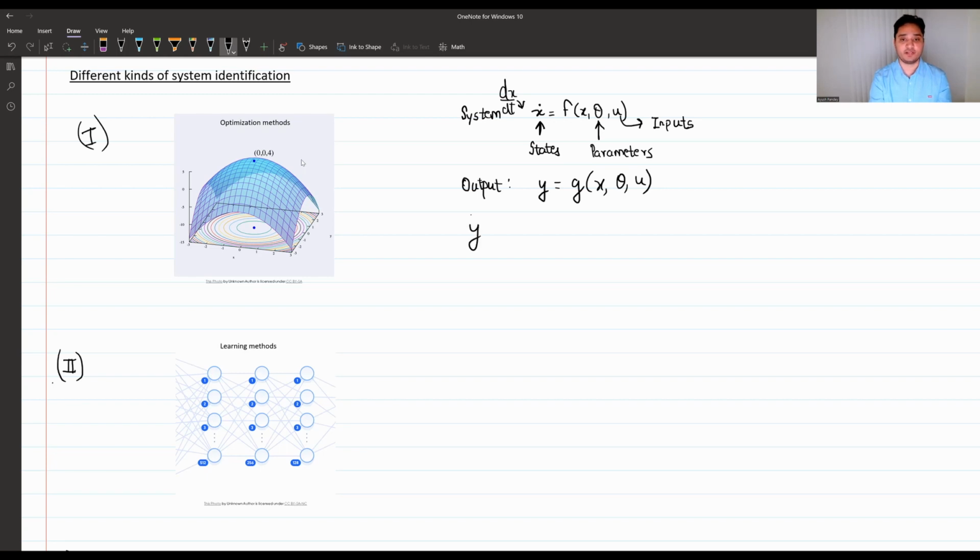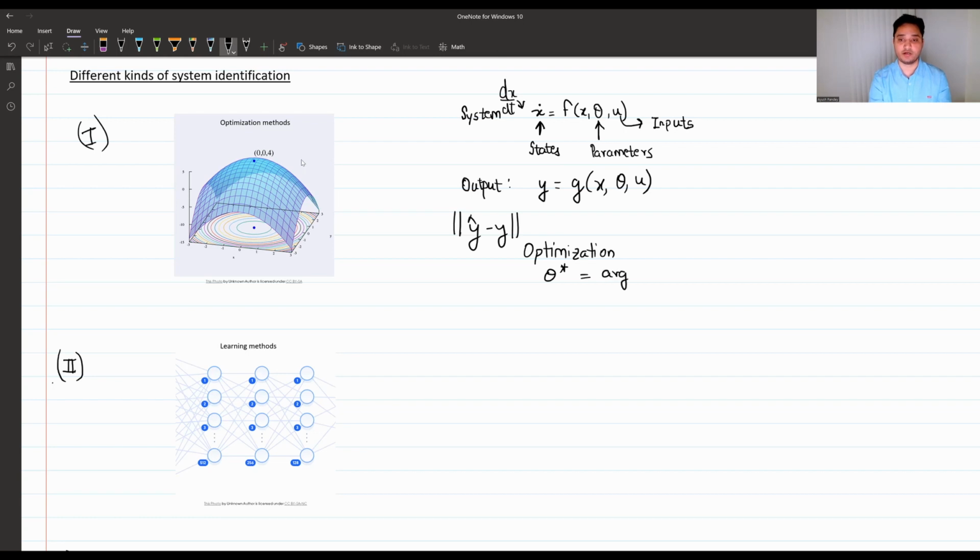If we do an experiment and measure y hat, we might be interested in looking at the model and making sure that it's as close to the experiment as possible. So that's the optimization framework, where we might write an optimization problem such as this, where we are optimizing to find out the optimal parameter values.